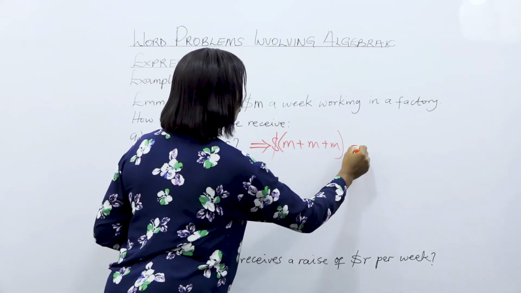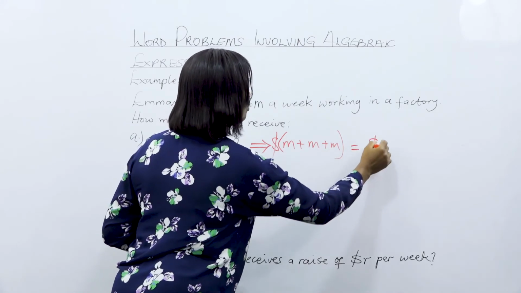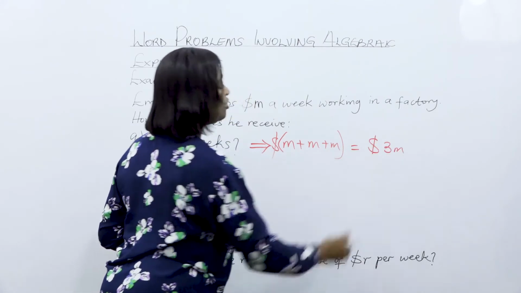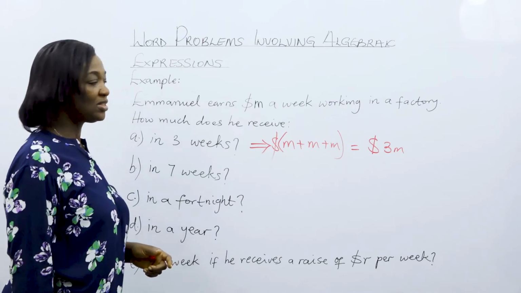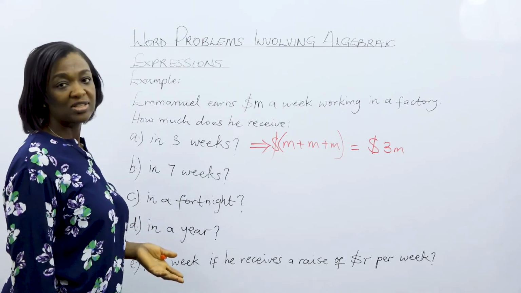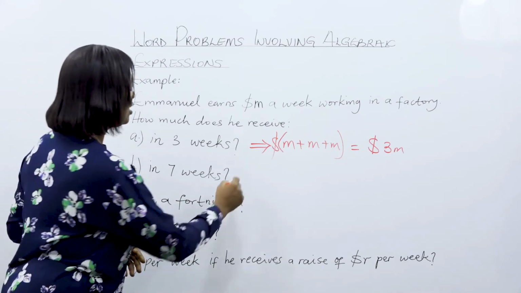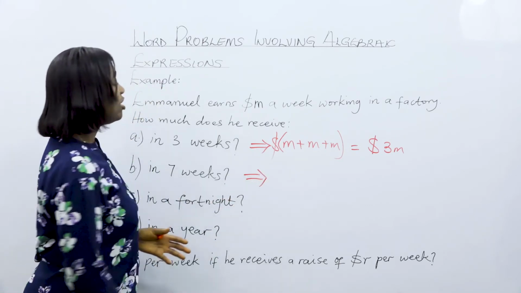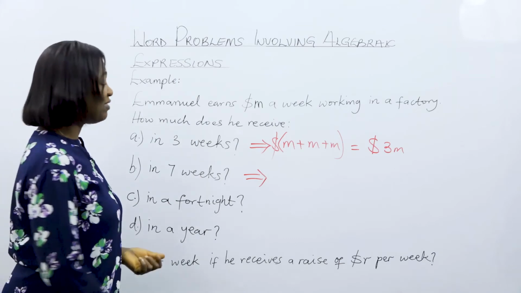And that's the same as $3M in 3 weeks. How much will he earn in 7 weeks? This time we can go directly and multiply our $M by 7.